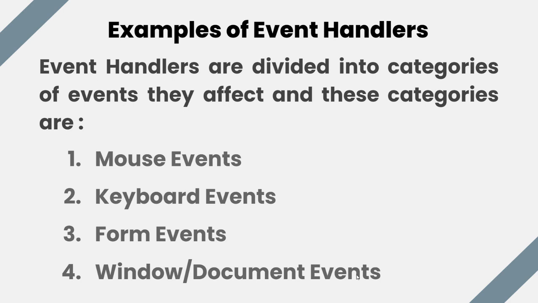So you can see on the screen very briefly, we have some of these event categories. And the first category here is the mouse event. Now, this mouse event is actually regarding the mouse cursor. That's the pointer, this moving pointer. So this moving pointer here actually connects with this mouse event.